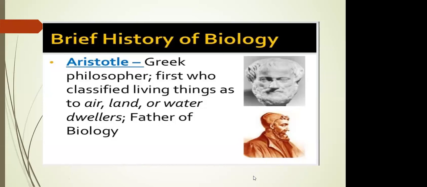See here, children. Aristotle was the first person to study animals in sufficient detail, and he is called the founder or father of biology. He is a Greek philosopher who first classified living things as air, land, or water dwellers.